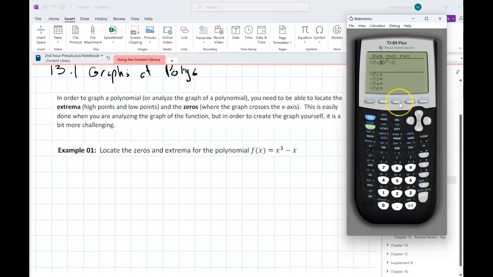All right. So now that I have this in, I'm going to do zoom, and I'm going to pick standard because we've been messing around with our windows doing zoom stat over and over again. So I get a picture that should look something like this, right?